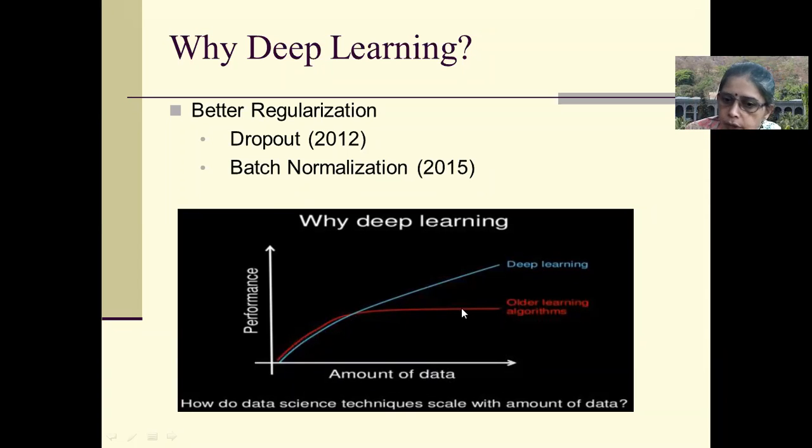Whereas with old or conventional neural networks, where the number of hidden layers was limited to 4 to 5, after a certain stage, though you increase the amount of data, it doesn't give better performance. Whereas with deep neural networks, as you keep on increasing the amount of data, you get better and better performance.